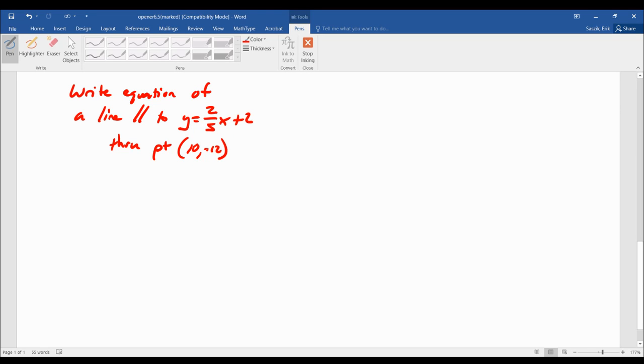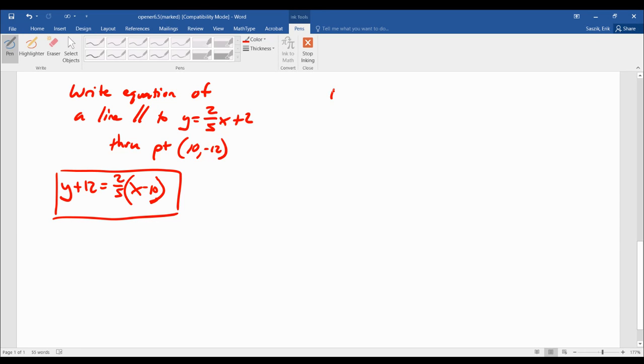It's not the y-intercept. So I'm going to use point-slope form. So that would be y minus a -12, so that would be y plus 12 equals. Now the slope. I know what the slope is. It's got to be parallel to this, so that means same thing, so 2/5. And then this would be x minus 10. And it'd actually be all set. Okay, that's it.